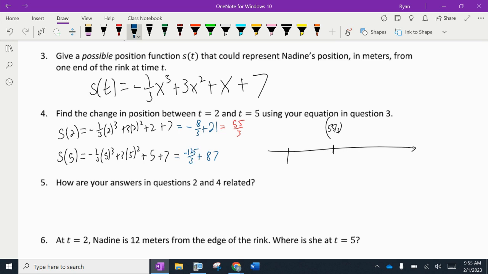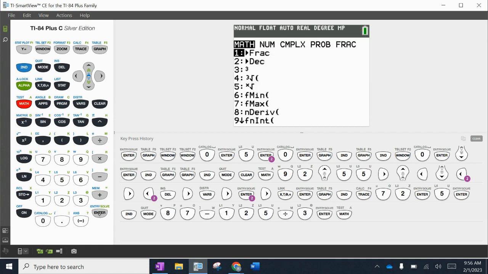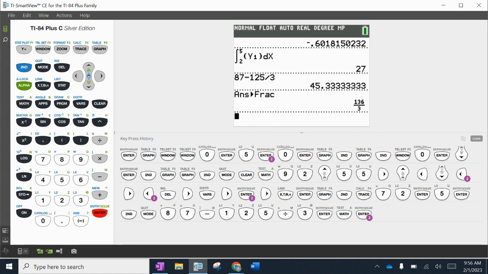I'm going to use my calculator. 87 minus 125 over 3 is 136 over 3.